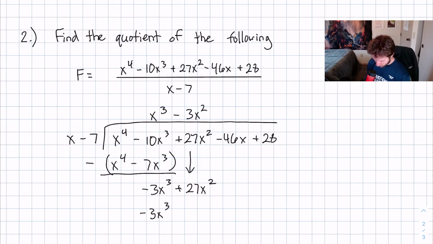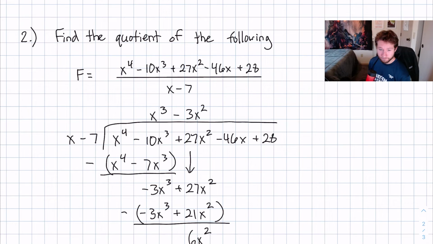So then keep going, multiply negative 7 times negative 3x squared, which is a positive 21x squared. Make sure you put it in parentheses to get that right. These will cancel out, and then you'll get a positive 27x squared minus 21x squared, which is 6x squared.